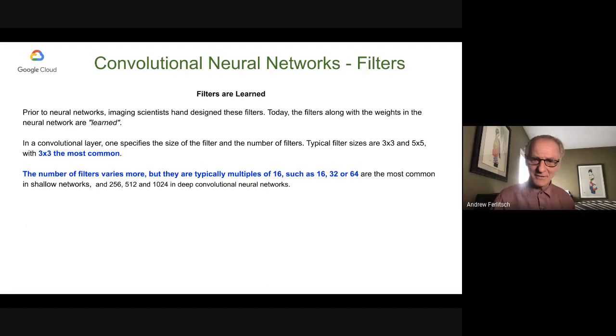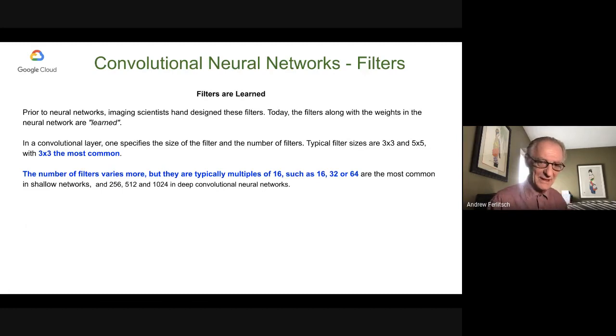And typically, back then, it took a room full of PhD people and a lot of money to come up with a good filter. Today, filters are learned. So in a sense, they actually start off uninitialized. They don't know what feature they're going to detect. And as you train the model, that filter itself is going to be continuously updated and learn to be an effective feature detector.